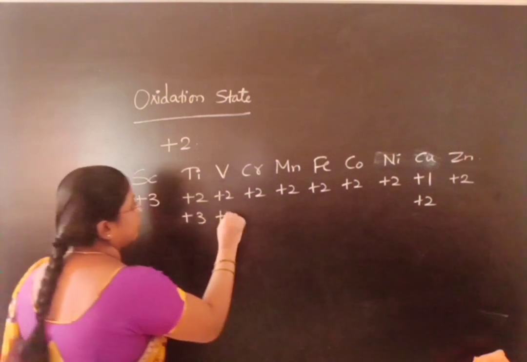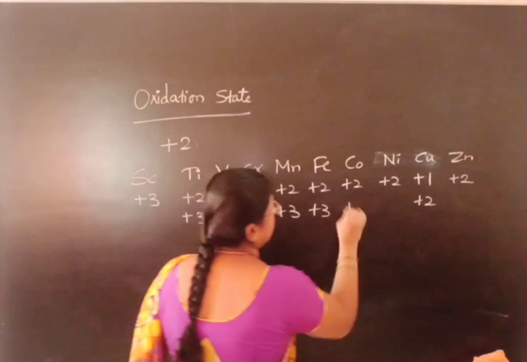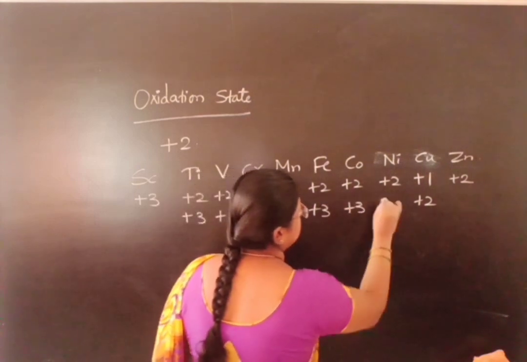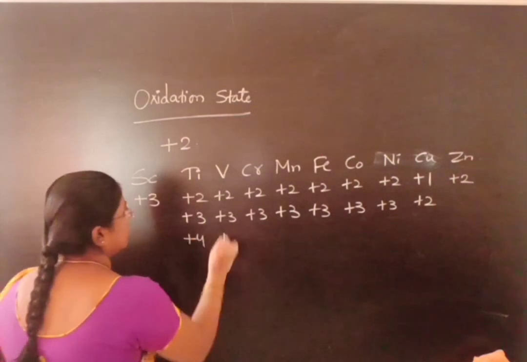Titanium, vanadium, chromium, manganese, iron, cobalt, they exhibit +3 here.